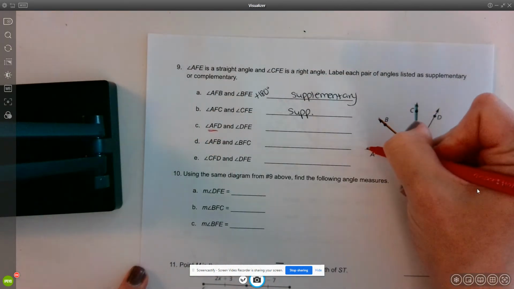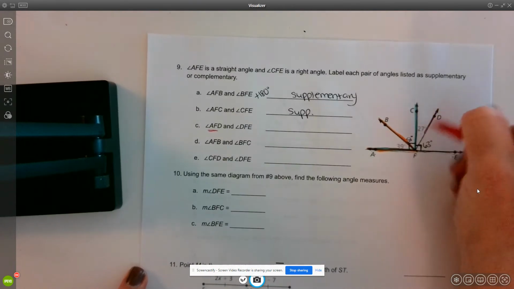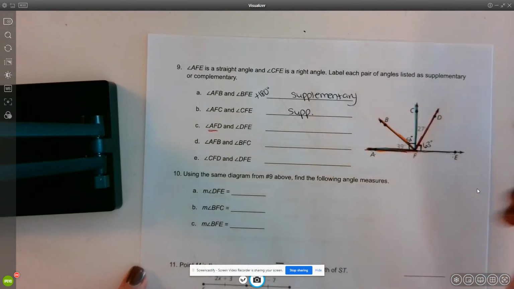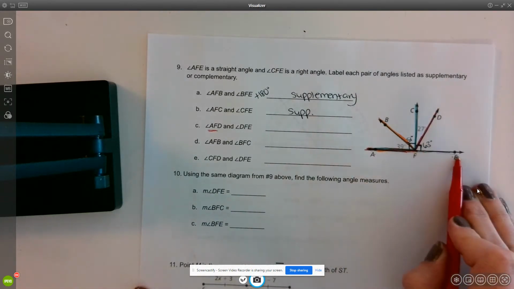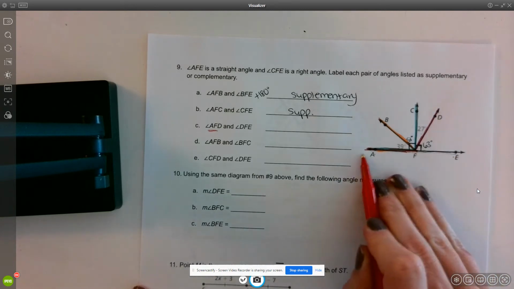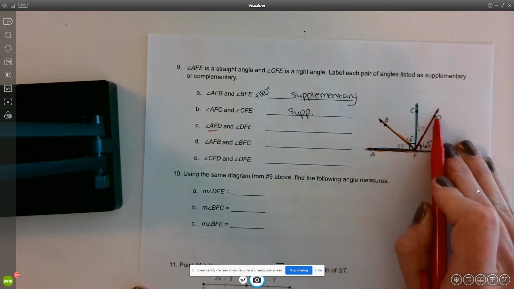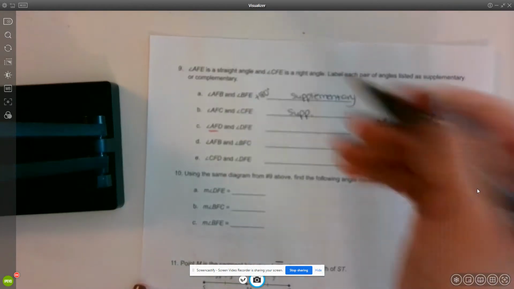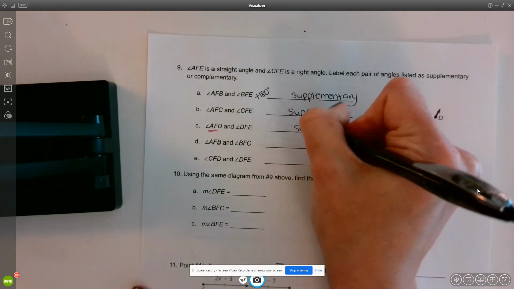Angle AFD, this red angle, and angle DFE. Again, these two, angle AFD and DFE, make a straight line, which means they add up to 180, so they are supplementary.